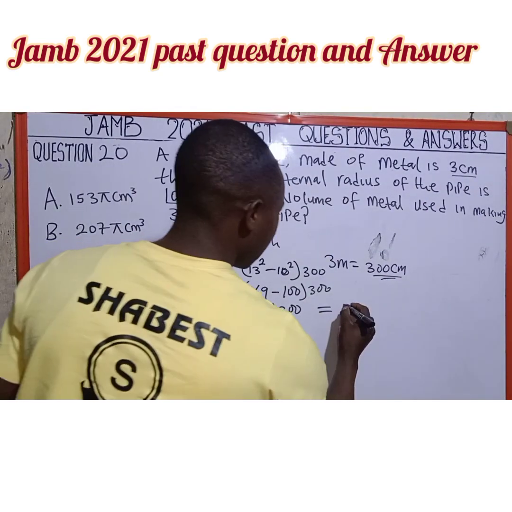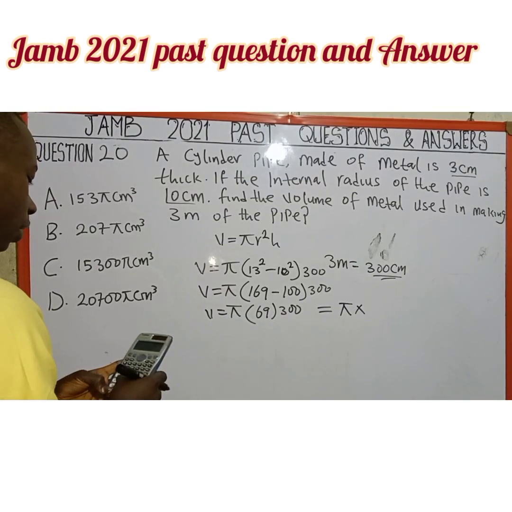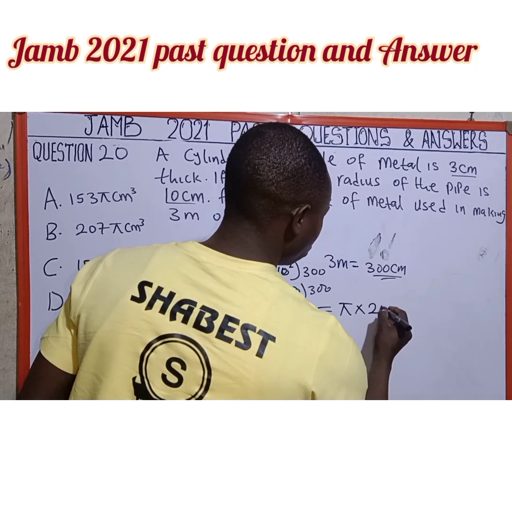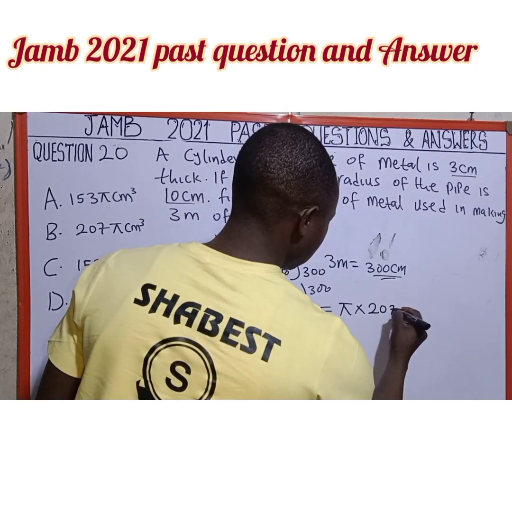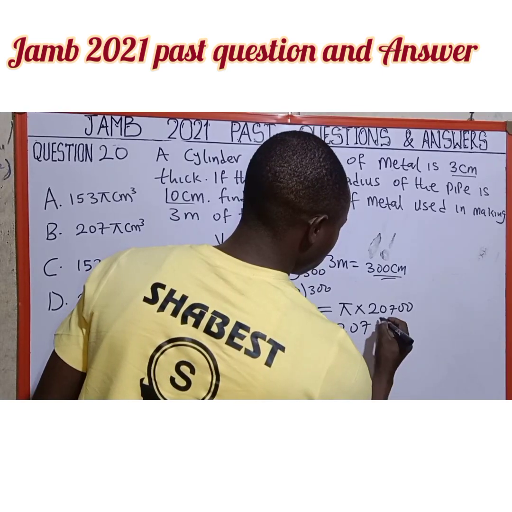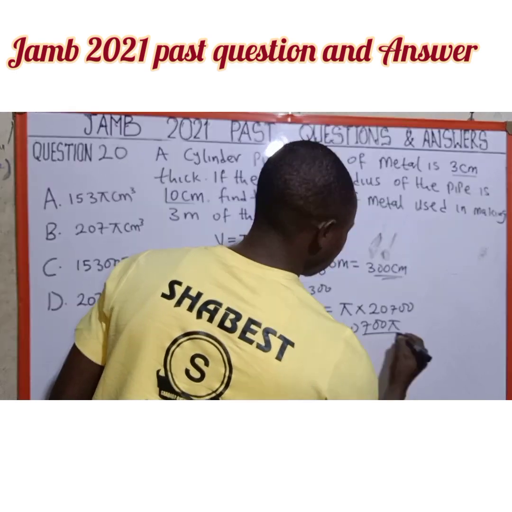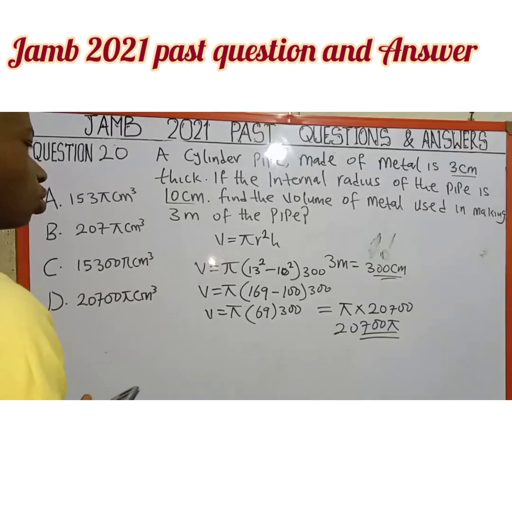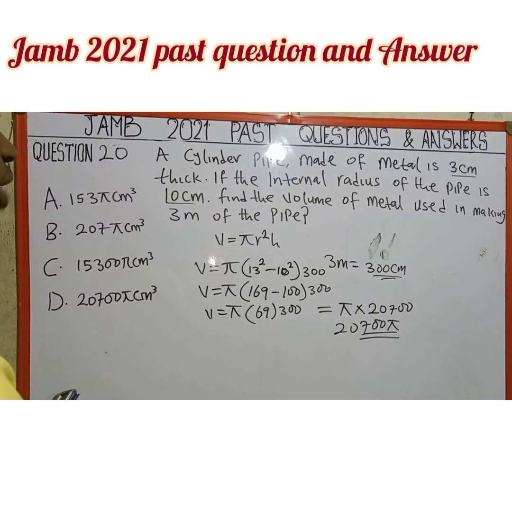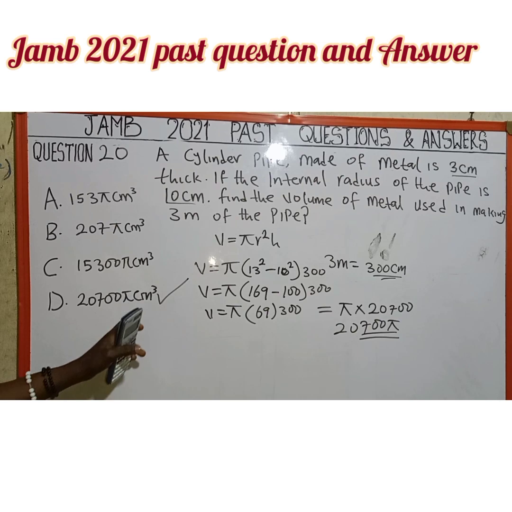So we are going to have pi multiplied by 69 multiplied by 300, which is going to give me 20,700. So pi multiplied by 20,700 is also 20,700 pi. So this is the volume of this question. And remember, the SI unit of volume is centimeter cube. So the correct answer is option number D, 20,700 pi centimeter cube. Thanks for watching.